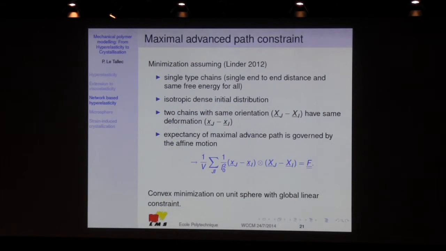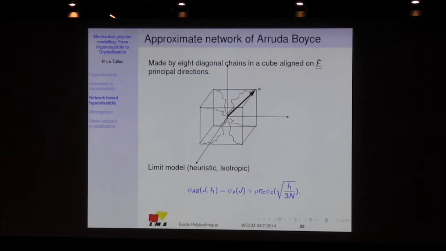And the constraint that you have, you say that in average, the maximal path advance, that is the path which goes optimally in one direction, should follow the macroscopic motion. With that, the energy is a convex minimization on the unit sphere with a global linear constraint, and gives you an integral form, non-explicit, but somewhat more tractable than the ones that we have used in full minimization.